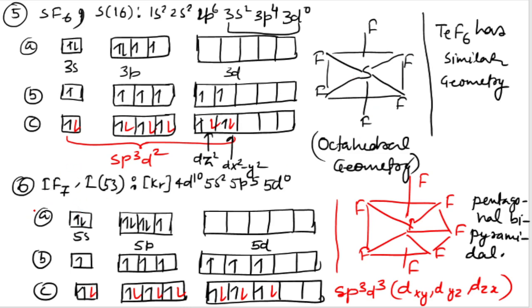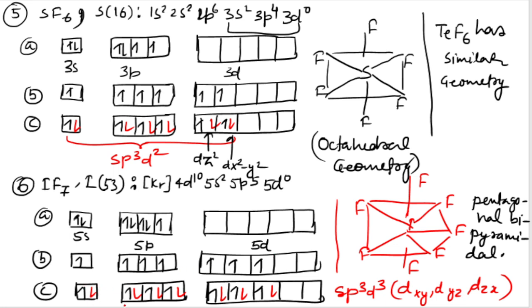Similarly, the last example for this case, IF7. So the configuration is this, and here a single electron is unpaired. So we need seven unpaired electrons. So three from the three paired electrons will go to the 5d orbitals.